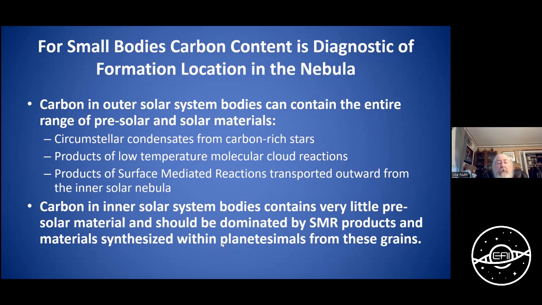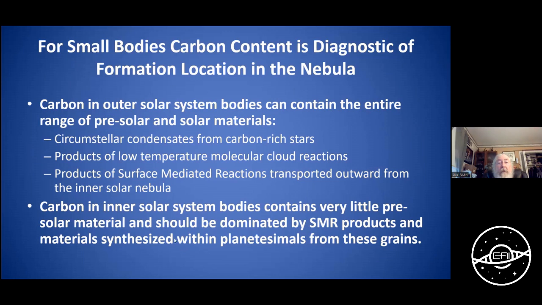Carbon in the inner solar system, on the other hand, is going to contain very little of the carbon-rich material formed in carbon stars or the low temperature material from molecular clouds, because that material is going to have been destroyed, and it should be dominated by the surface mediated reaction products that are synthesized in the inner solar system.